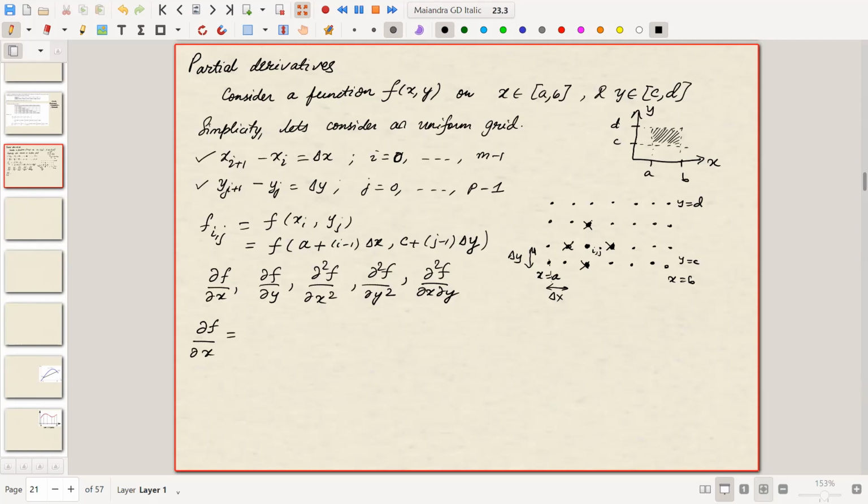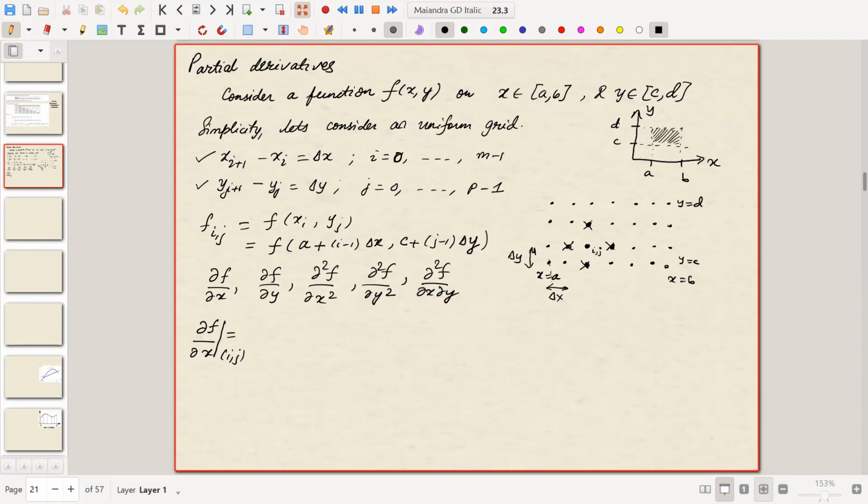Okay. So ∂f/∂x, and of course you have to evaluate at some grid point, that is the i, j grid point. Okay, i, j, that means the ith point in the x-axis, the jth point in the y-axis. And since we are differentiating with respect to x, the only thing that will change is the ith index.